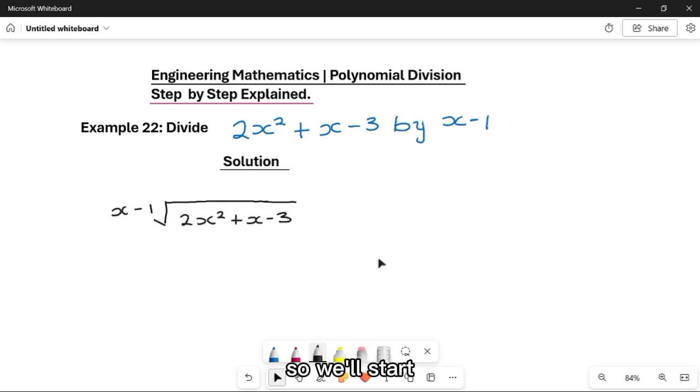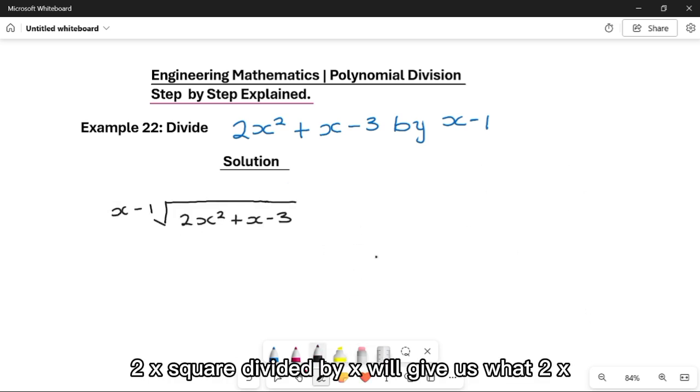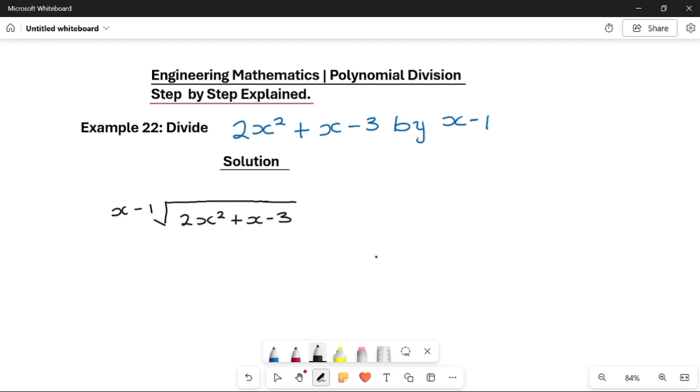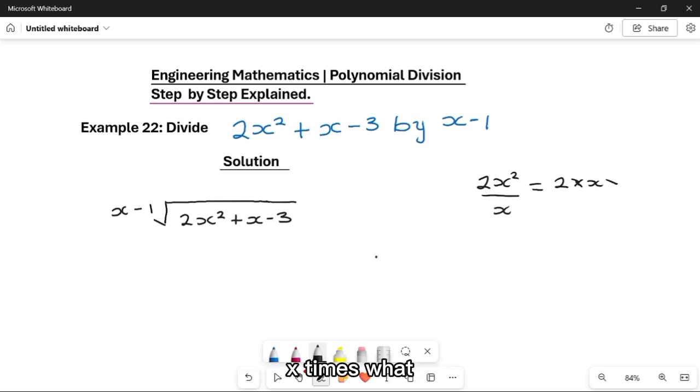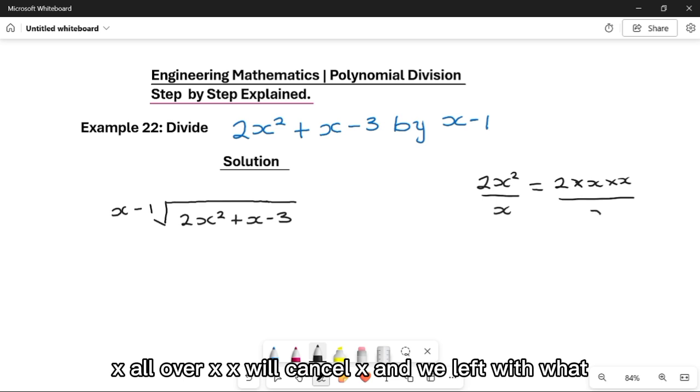So we'll start. 2x squared divided by x will give us 2x. Now let's do it here. 2x squared divided by x is simply 2 times x times x all over x.